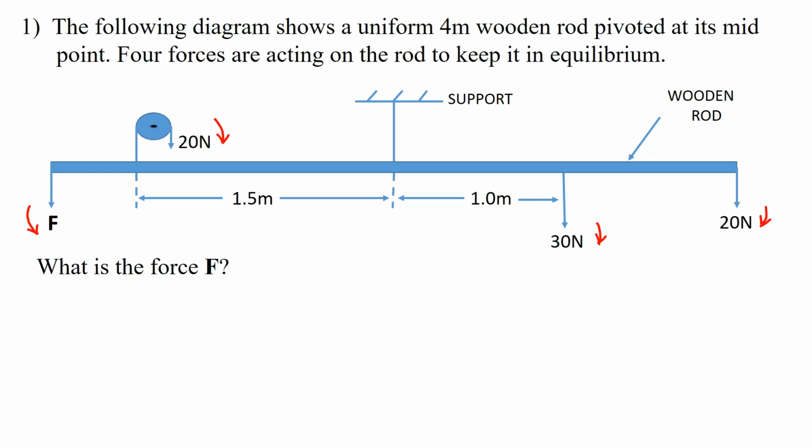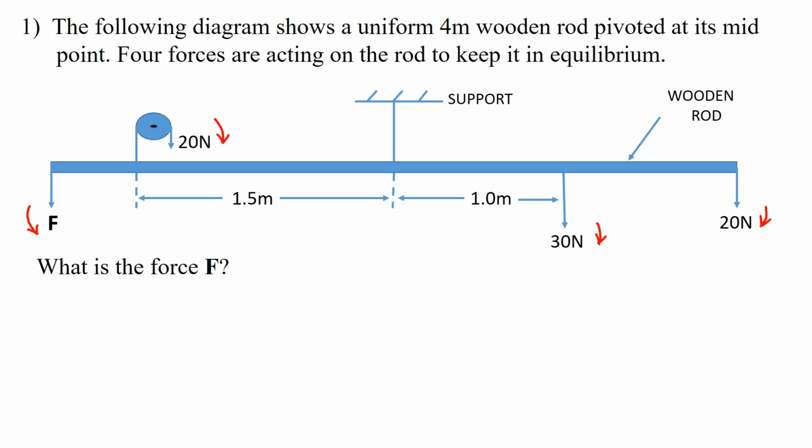And then let's identify the distance from the pivot to each force which is acting on the wooden rod. So the wooden rod is said to be pivoted at its midpoint, and this wooden rod is 4 meters.